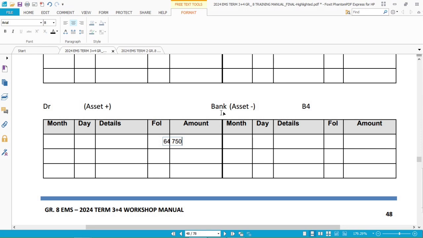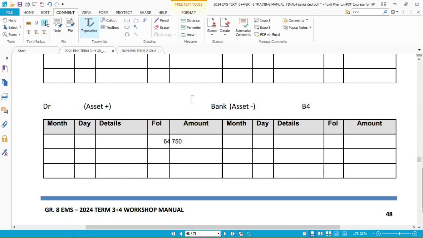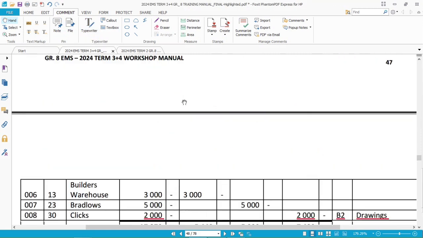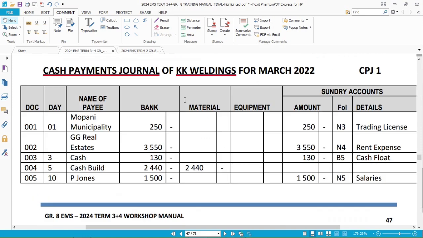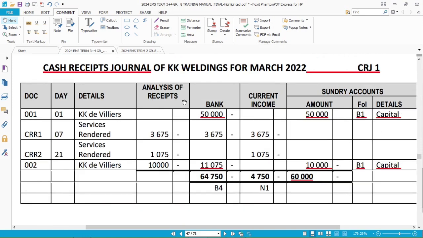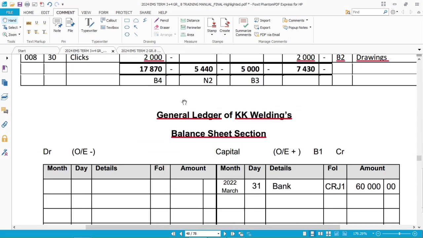I don't have space for cents, so I'm not going to write them. Let's just move it up. Alright, I'm going to put it properly in its right column now. So this is CRJ number 1.